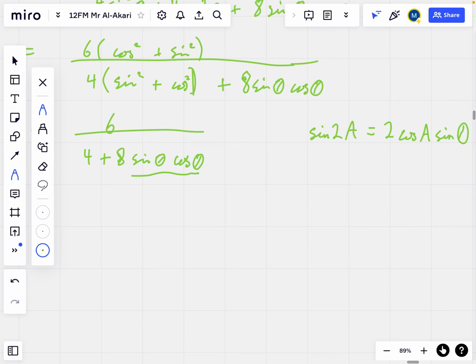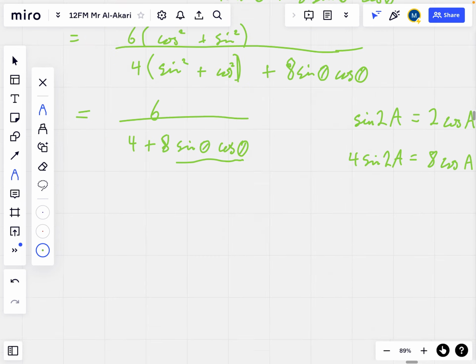So if we wanted to go in reverse, if I multiply both sides by 4, 4 sine 2a is equal to 8 cos a sine a. That's meant to be an a. So we can replace the 8 sine theta cos theta with 4 sine 2 theta.